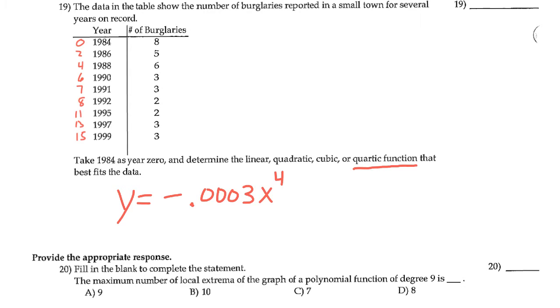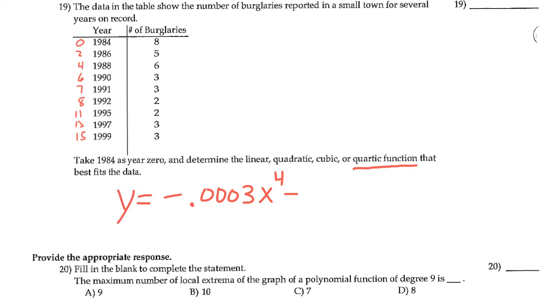And then we'd have minus 0.0660 x to the 3rd. Oh, I got that in the wrong place. Excuse me, I jumped onto the next line here.